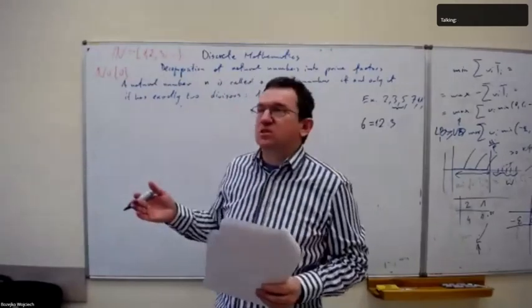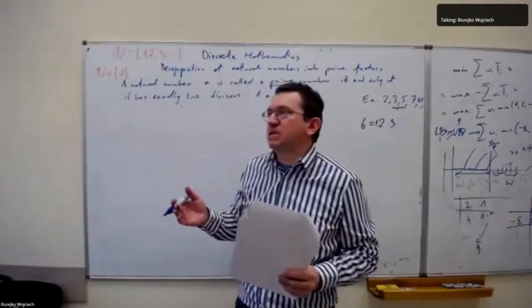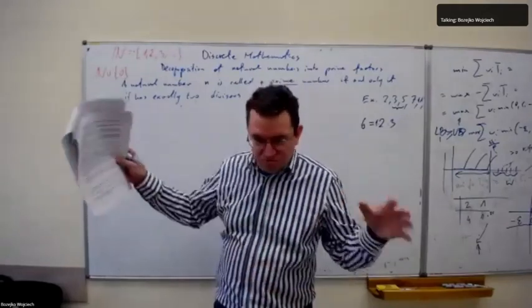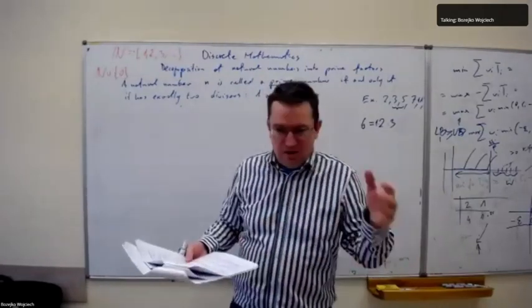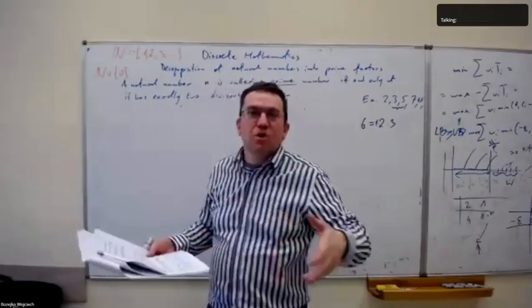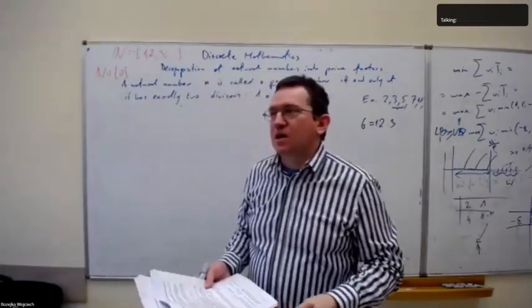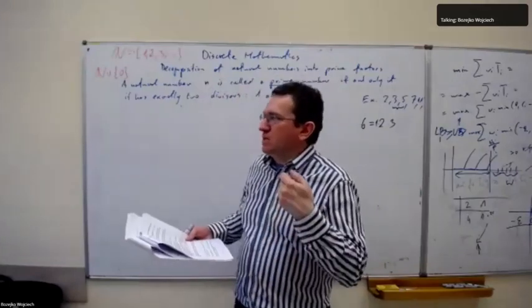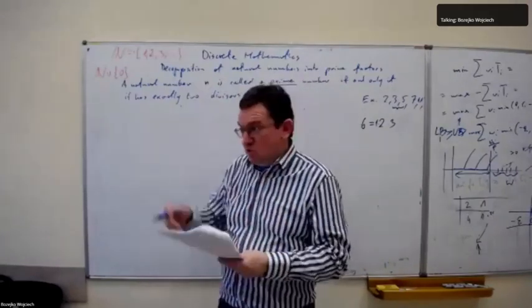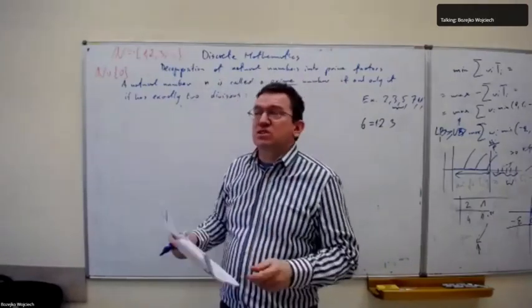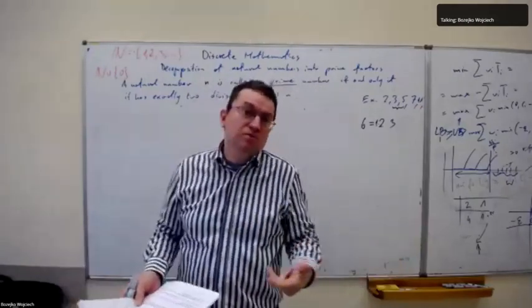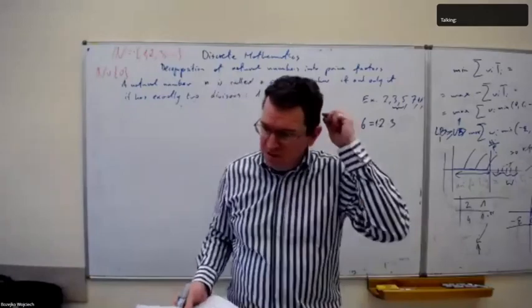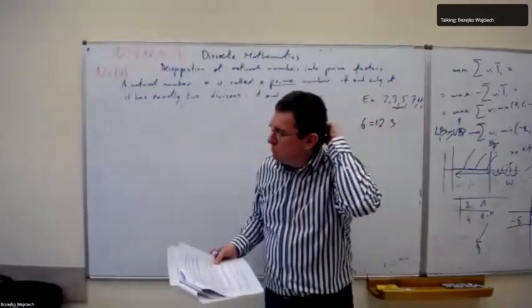Add 1 to this multiplication, and such a new number, if we divide it by every one of these smaller prime numbers, we'll get rest 1, because this is plus 1 of the n. So it is not divisible by any of the previous prime numbers. So this is a new prime number.